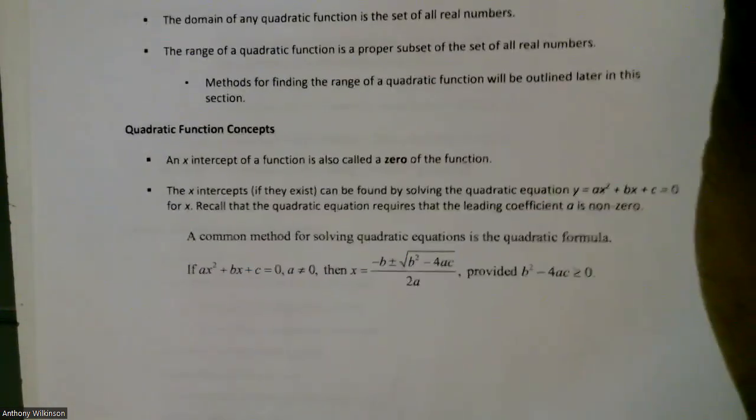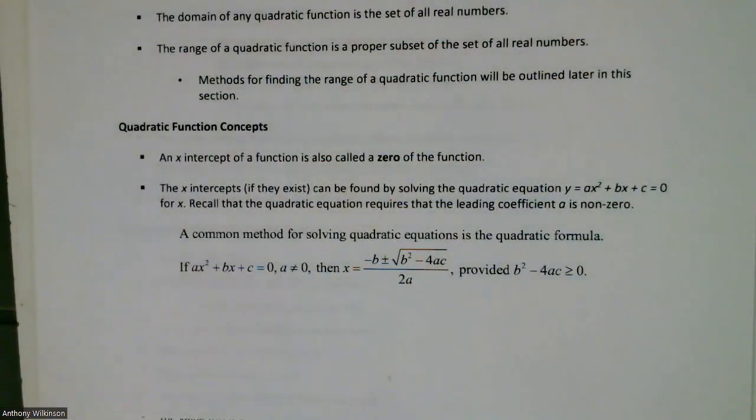Here are some concepts of quadratic functions. An x-intercept of a function is also called the zero of a function. That's where the graph crosses the x-axis.